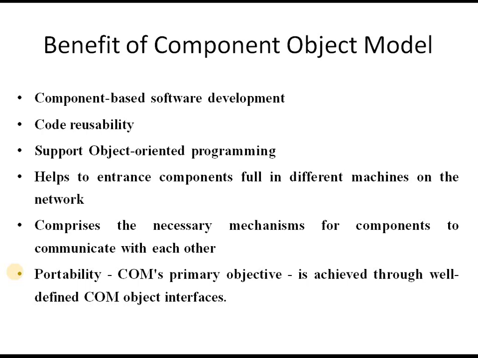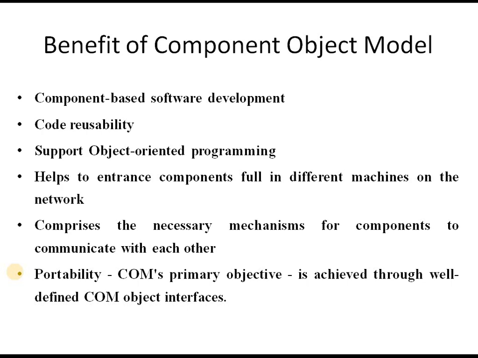The primary characteristics of object-oriented programming are encapsulation, which allows the implementation details of an object to be hidden, polymorphism, which is the ability to exhibit multiple behaviors, and inheritance, which allows for the reuse of existing classes in order to design new and more specialized classes. Among these, encapsulation is one of the component object model's most important characteristics.